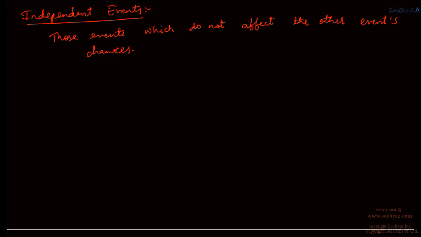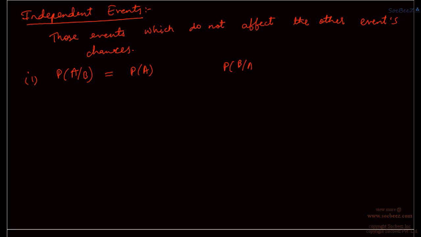Okay, so now if this is the case for independent events, then we can write some very simple equations. First of all, P of A given B. Now suppose A and B are independent events, then P of A given B, whether B has occurred or not, should not affect the chances of A, right?